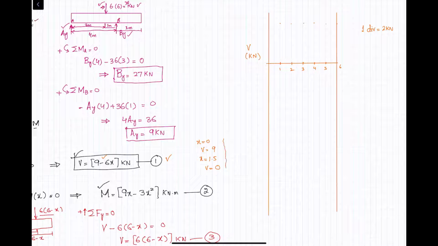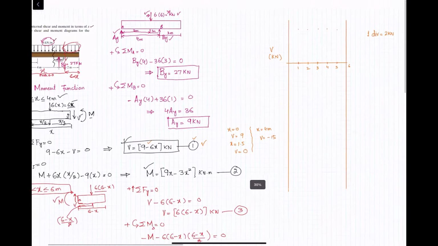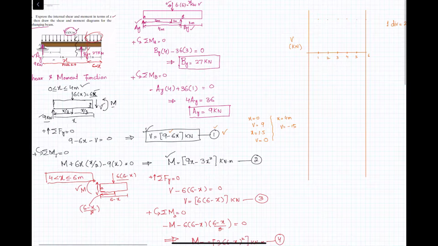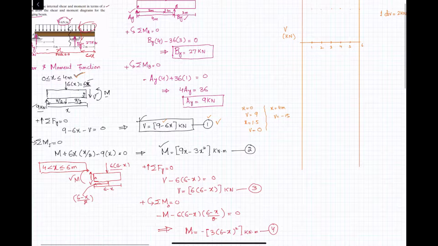Now for x equal to 4 meter, when you put it in equation number 1, you will get V equal to minus 15. This shear force equation is valid for x greater than or equal to 0 and less than or equal to 4. Now we use x greater than 4. Again at x equal to 4, you put it in this equation and you will get V equal to 12.